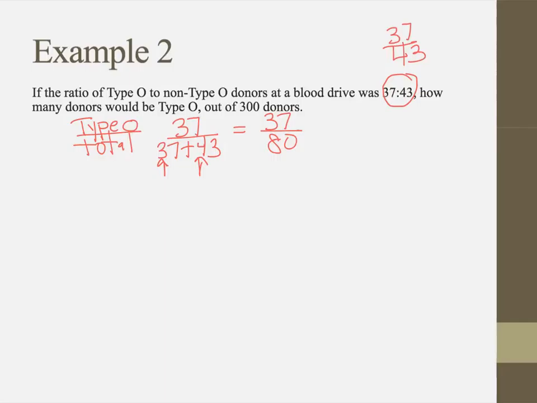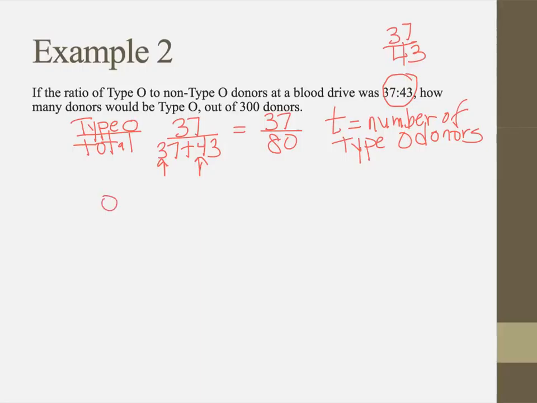So now we have to write a proportion. We're going to let T be equal to the number of type O donors. All right, so let's write that proportion.